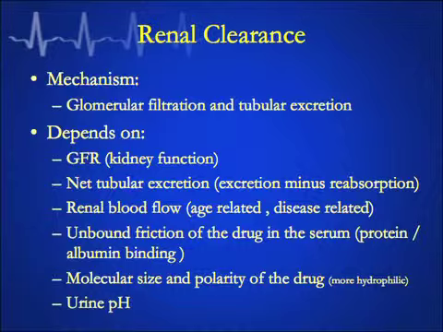I told you about renal blood flow. And the unbound fraction of the drug gets easily through the glomeruli and into the nephrons. So molecular size also plays some role. And again, urine pH. These are the factors which affect renal clearance.